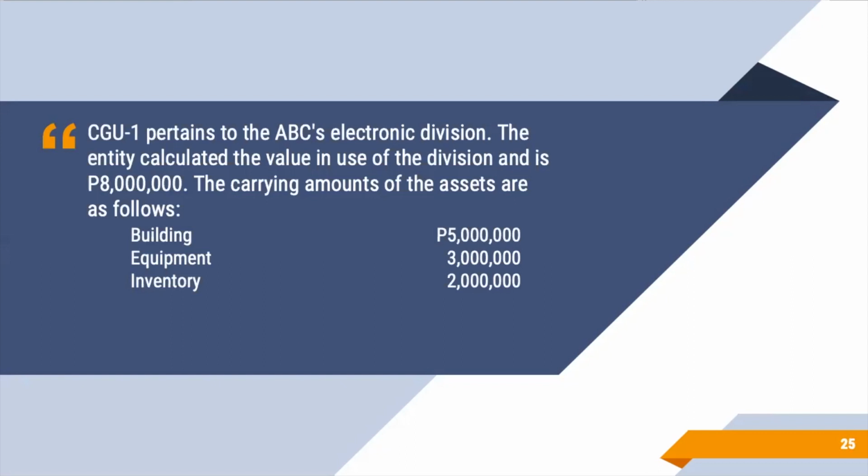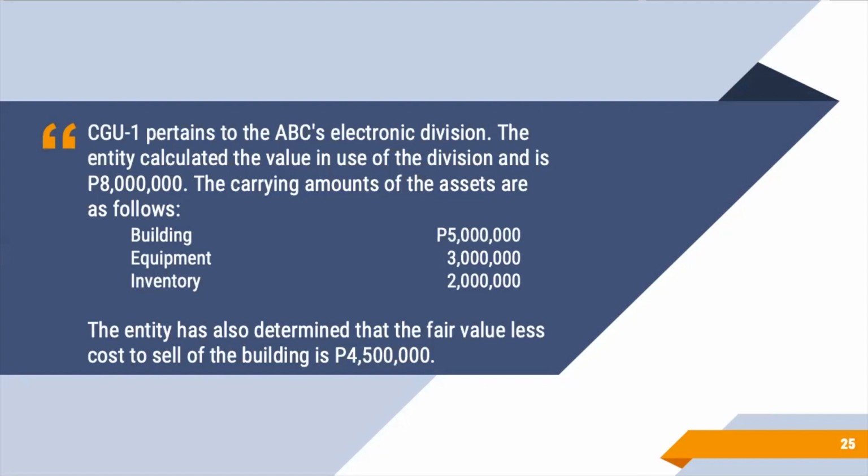Since the value in use of the unit is 8 million, therefore merong impairment. The entity has also determined that the fair value less cost to sell of the building is 4,500,000. So in individual fair value ng building is determinable. Again, bakit to kailangan? Kasi when we reduce the carrying amount of the building, it should not be decreased lower than 4,500,000.